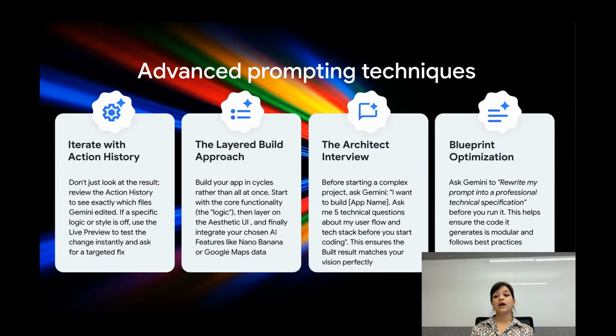The next one is the architect interview. Now, before getting into complex features and building additional AI integrations or agentic integrations, ask your AI assistant or the vibe coding tool to ask you technical questions about your flow, the user flow, the technical flow, the tech stack before you start coding. So you're not asking questions to the agent that you've already done.